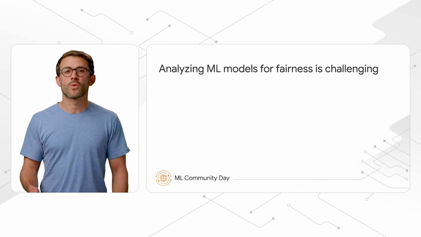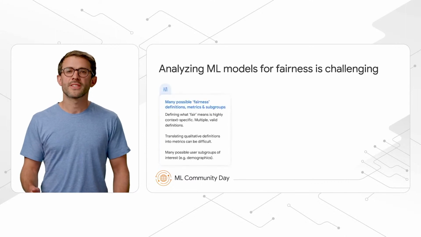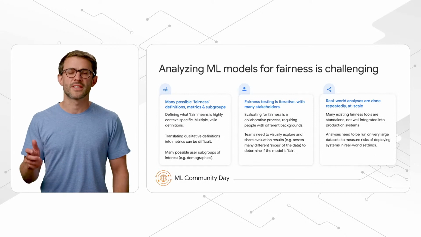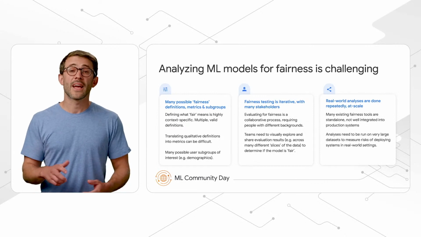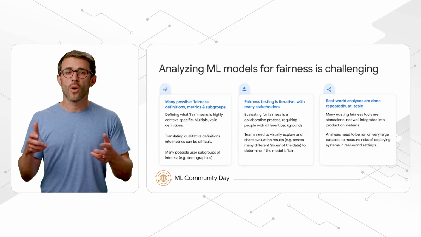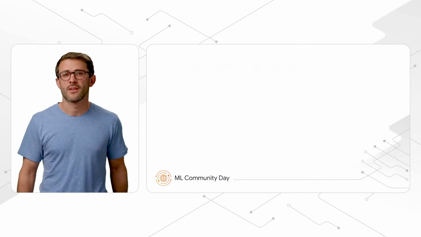But first, it's worth briefly mentioning why analyzing models for fairness is really hard. First, fairness is highly contextual and almost never reducible to a single statistical definition. In any real-world setting, it's important to acknowledge and embrace this fact and explore multiple qualitative definitions and statistical measures of fairness.